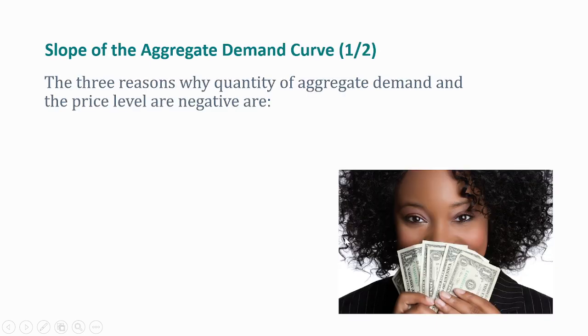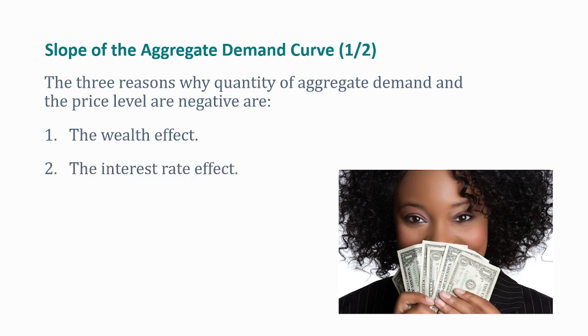Why? Because there are three reasons. The first is the wealth effect, the second is the interest rate effect, and the last is the international trade effect. Due to these effects, our demand curve is downward sloping.